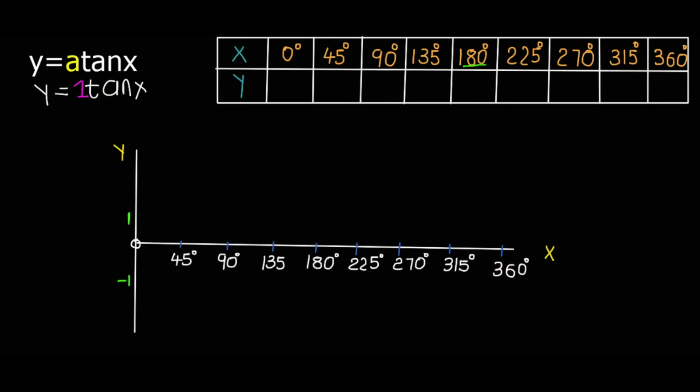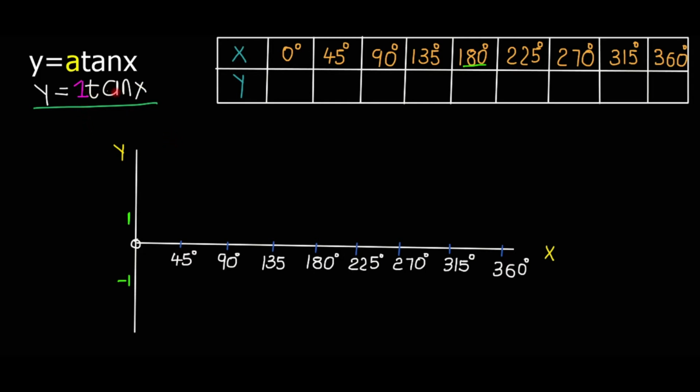The first thing to draw this graph is that we must find the corresponding y values. Remember, always when we draw a graph we need coordinates. So we have y is equal to tan x, because this is y. We must find the corresponding y value.